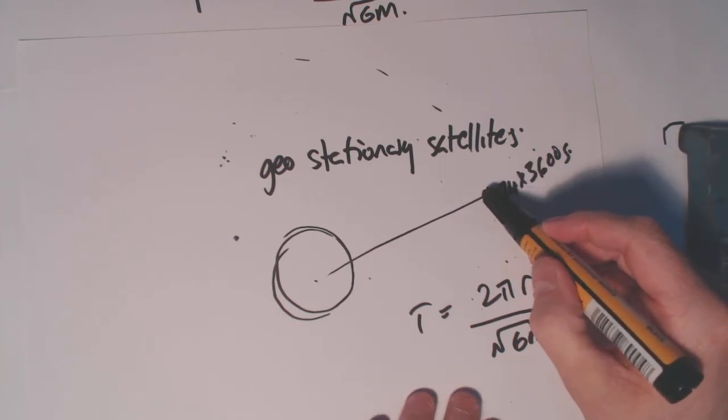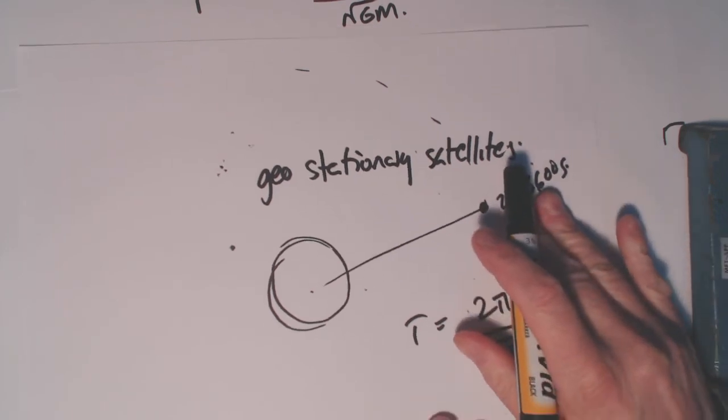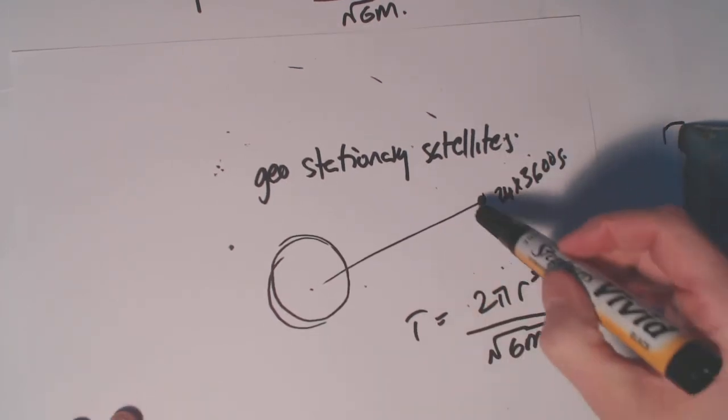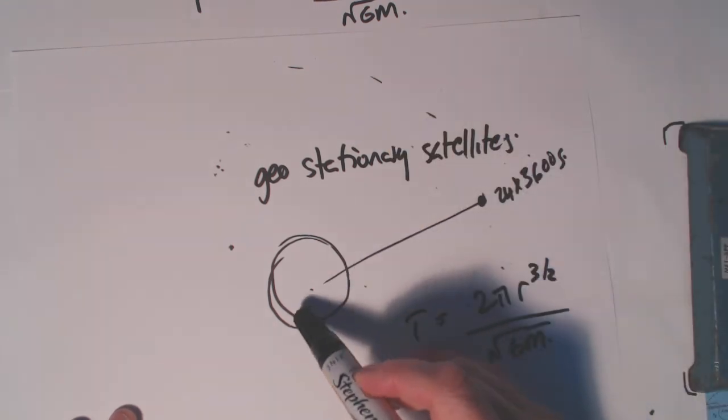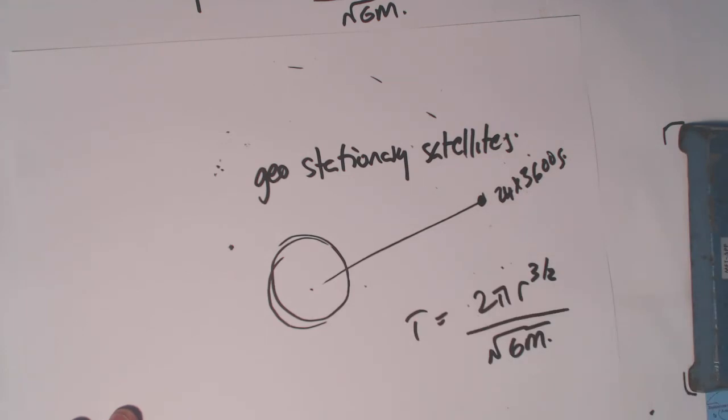They're moving very fast. Not that fast though, because remember we figured out that v is equal to the square root of GM over r. But they're moving at the same rate as the point above the Earth. Now the thing is this, okay?